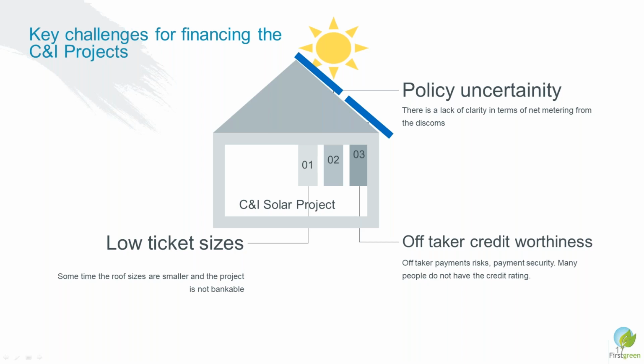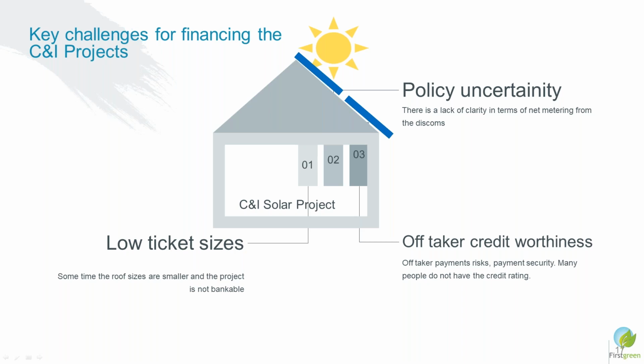At times we have seen that projects are of low ticket size. These are small projects, and if you really want to go to banks like SBI, wherein World Bank finance is available at 8.5% interest rate, the low ticket size is also a concern to solar developers, and you will not always get a 1 megawatt roof.